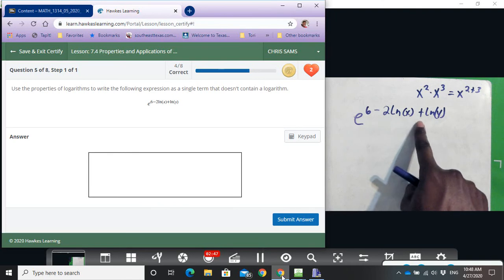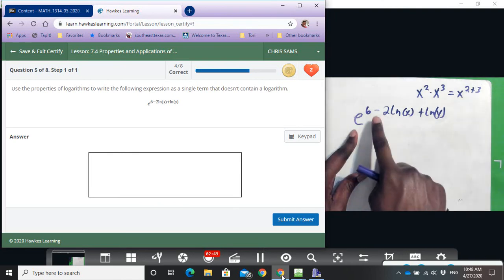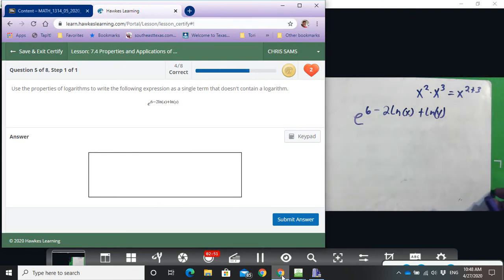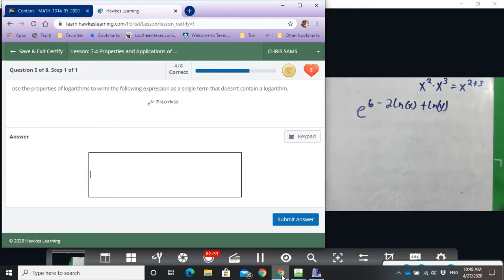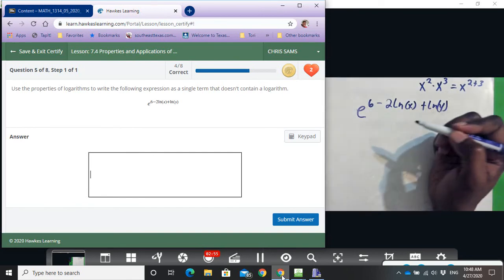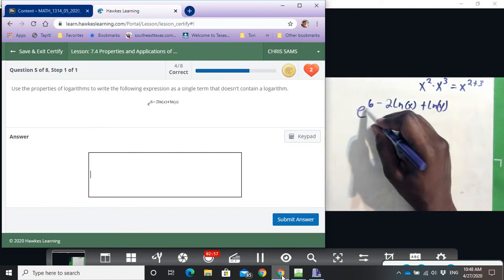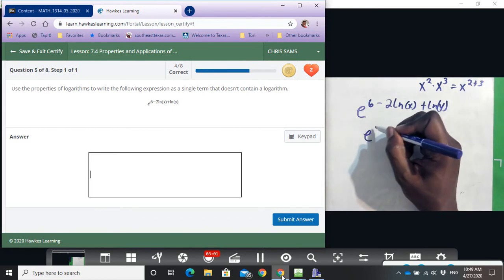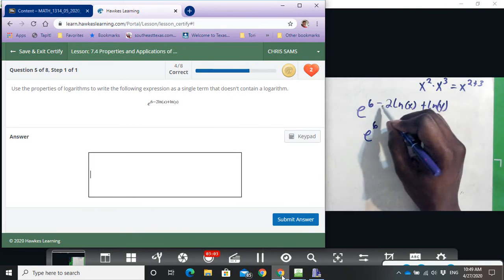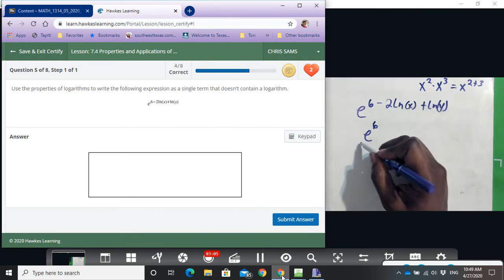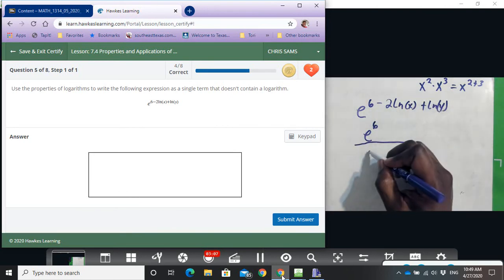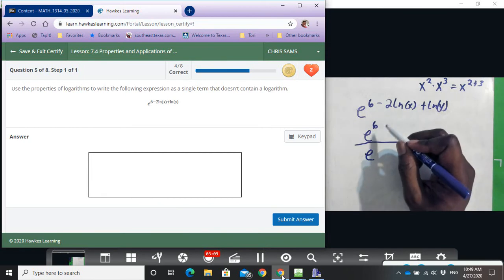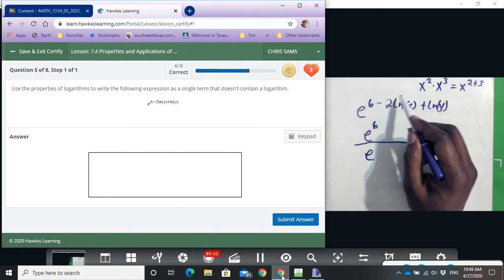Whenever I see addition, I'm going to write it as multiplication, and subtraction is division. So I have, and they're all raised to the e power, e to the 6th. Because of this minus that's going to be on the bottom, I have e to, and I'm going to bring this 2 up front as an exponent.